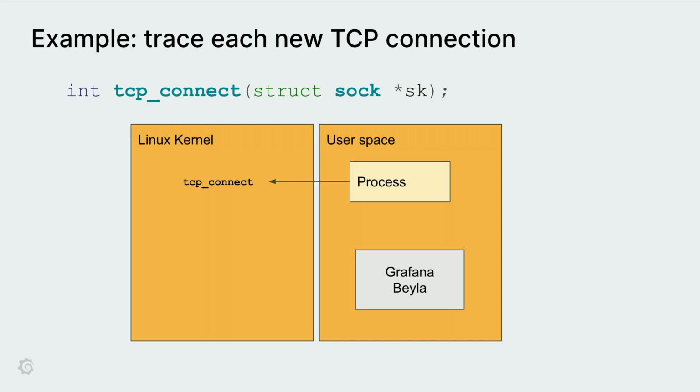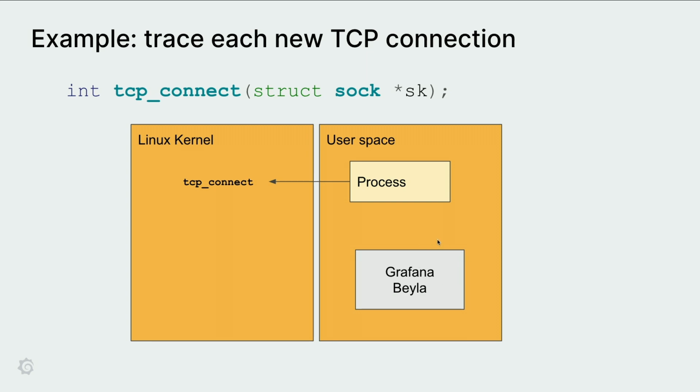So, for example, imagine we have a program that wants to trace each new HTTP connection. You have a process in the user space that will invoke a function via libraries in the kernel, which is the TCP connect. And you have this Grafana Beyla or another program that wants to instrument this function.